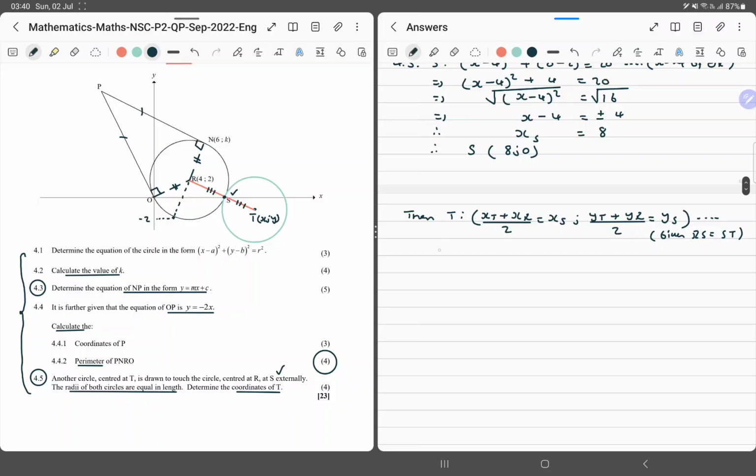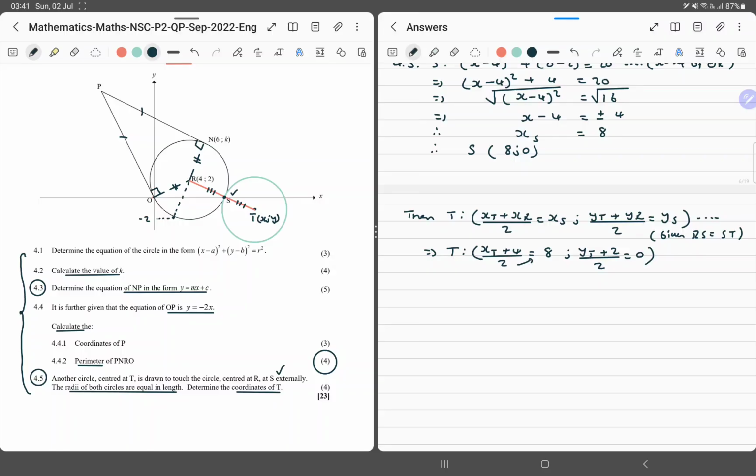So it's nice, questions that are given indirectly. So we've got x at T plus 4 over 2 is equal to 8. And then we've got y at T plus 2 over 2 must give us 0.